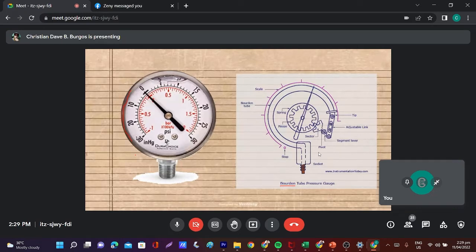Ito pong red na indicator, yung kilopascal po.